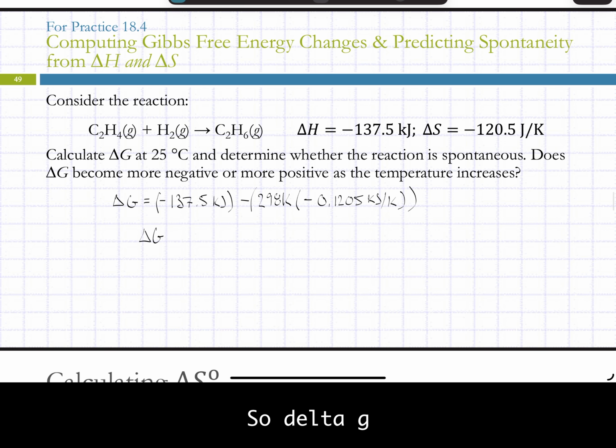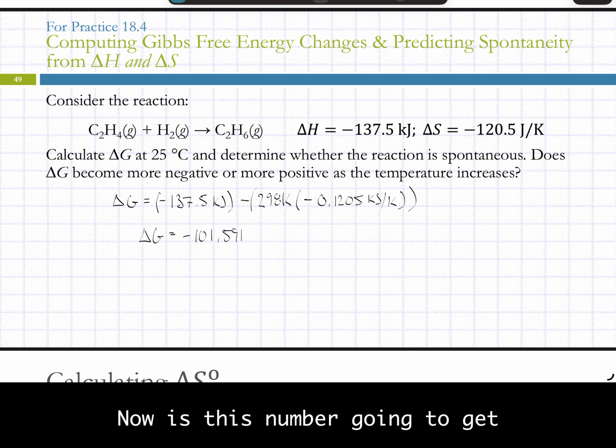So delta G is equal to negative 101.591. Now, is this number going to get more negative or more positive as temperature increases?